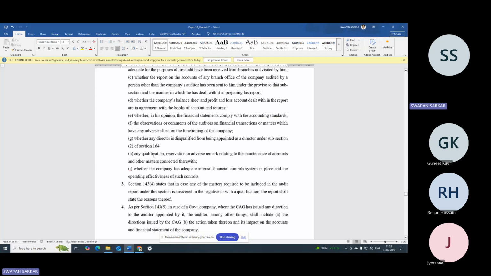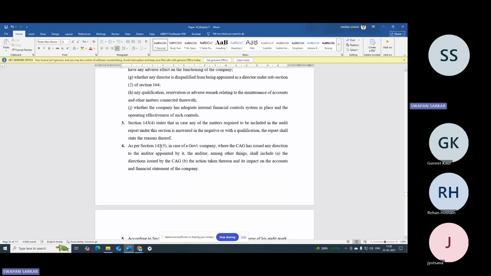Now, section 143(4) states that in case of any matter required to be included in the audit report under this section is answered in the negative or with qualification, the report shall state the reason thereof.